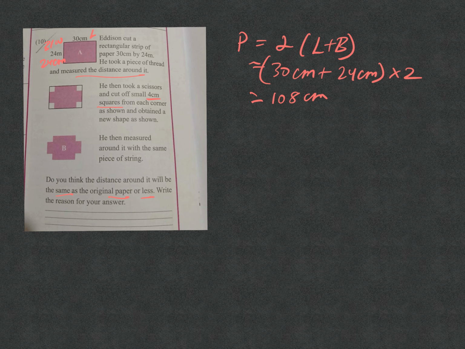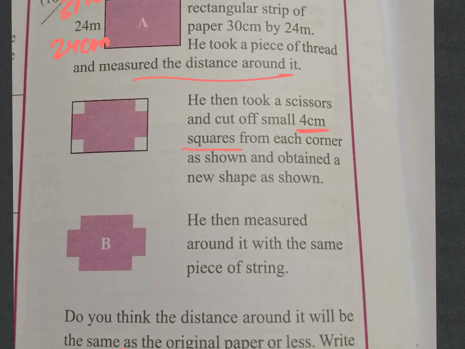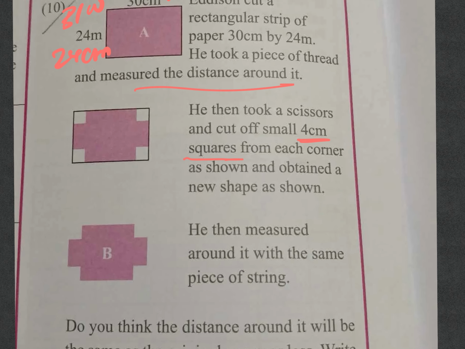I wonder if I could zoom in. Yes, I can actually. So I want you guys to notice this. He cut off a small 4 centimeter square from each corner. So if we look at this, I'll change the color to green. This part that he cut off, he cut out 4 centimeters, so this is 4 centimeters. But that side that he cut off will actually be replaced by this side we have to measure, which is 4 centimeters as well.